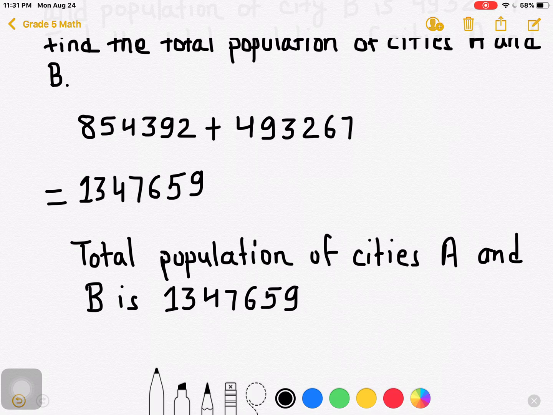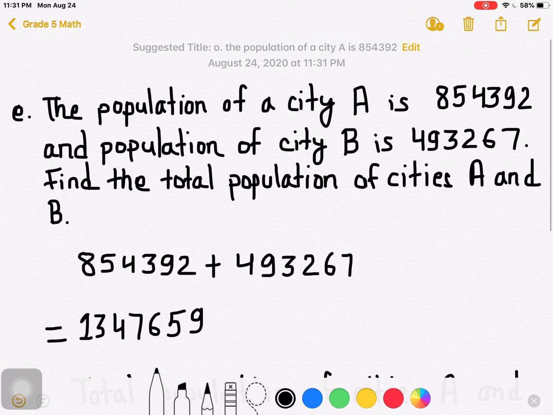This is how we make the problem and solve the problem. Okay, understood? This one is very easy.